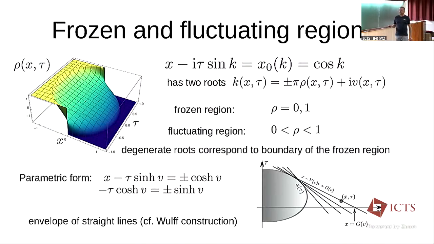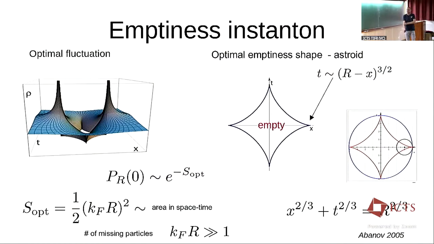And this has very similar meaning to, and is very similar to, the Wulff construction as well. And again, it's nothing but Legendre transformation from the function given by the right-hand side of this equation, let's say g of v, the function x of tau. It's a Legendre transform.